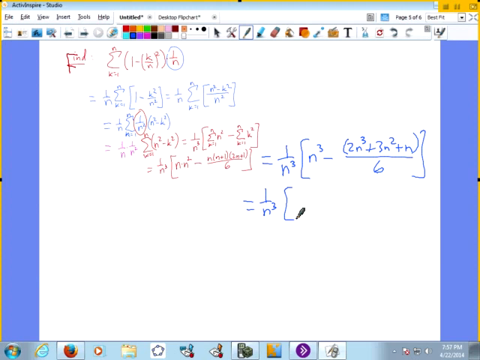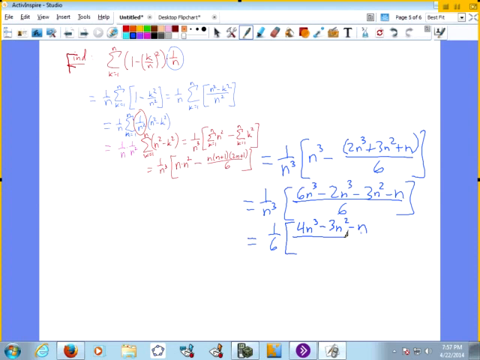Which is 1 over n cubed times 6n cubed minus 2n cubed minus 3n squared minus n all over 6, just giving a common denominator, which can be thought of as 1/6. 6n cubed minus 2n cubed is 4n cubed minus 3n squared minus n all over n to the third.